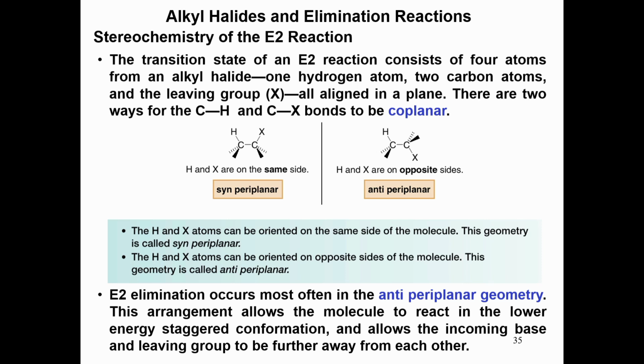Because of that, there is least interaction, so steric effect is fewer here, so it's easier for the leaving group to leave and easier for the incoming substituent to bond. So E2 elimination is easier in anti-periplanar geometry than in syn-periplanar geometry.